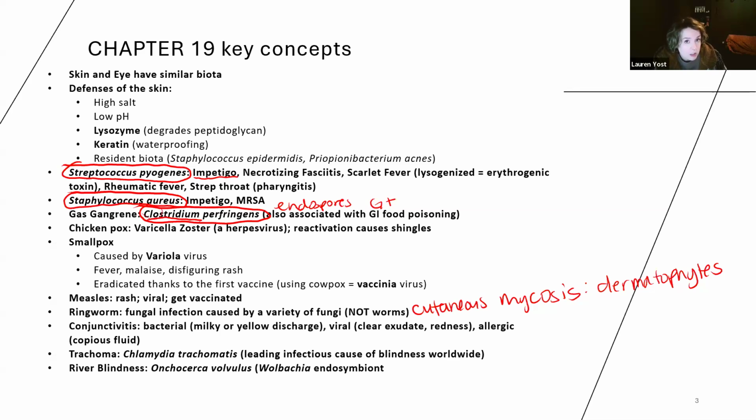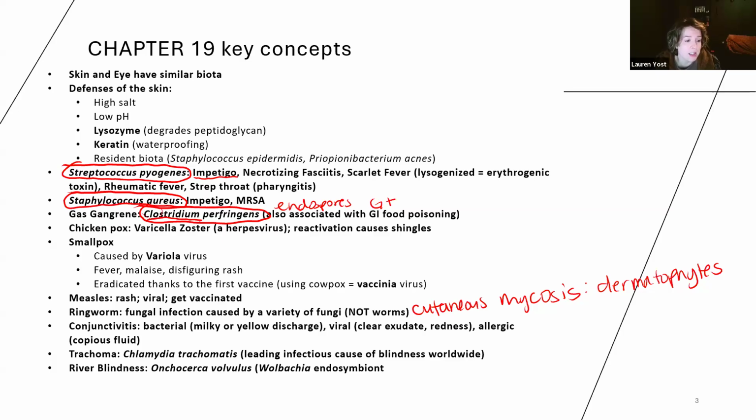Chlamydia trachomatis causing trachoma. This is the leading infectious cause of blindness worldwide. And so we often see this in underdeveloped countries, and it leads to inflammation of the eyelid to the point that the eyelid causes scarring of the cornea, and that's what causes the blindness. It is reversible, it is treatable with antibiotics.